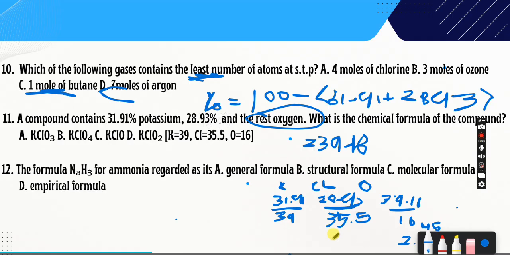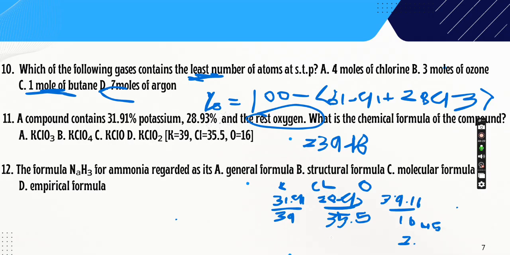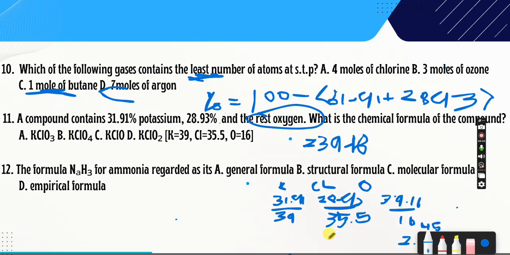2.45. Now the one for 28.93 divided by 35.5 will give us 0.815.